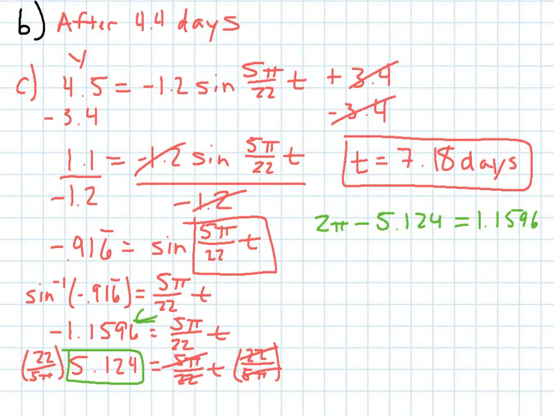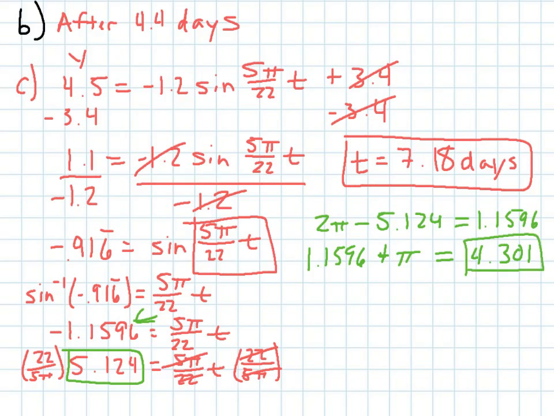So to go back, I actually add pi to this value, and that gets me, let me write what I'm doing. So add pi to get to the third quadrant, and it gets me 4.301. Okay? So then that would be my third quadrant value.